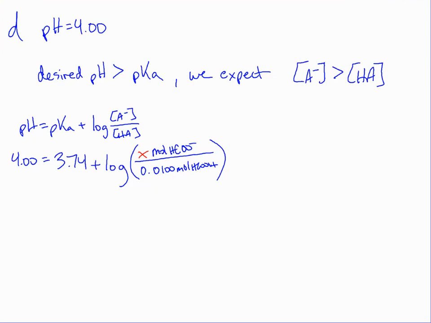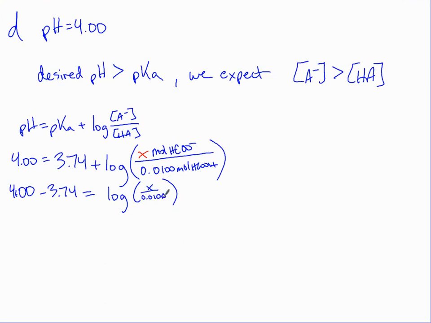I'll just go through it. So here's my 4, I'm going to subtract 3.74 to the other side. And so we've got the log of X over 0.01.